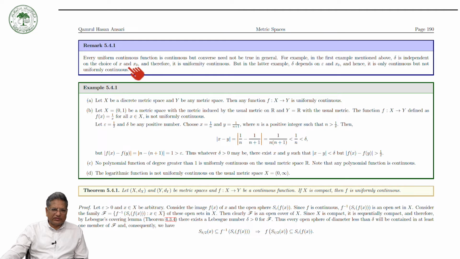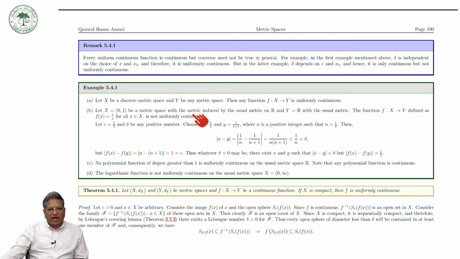That is to say, as we have seen here, every uniformly continuous function is continuous, but the converse is not true, as we have seen, because here we have defined the function from X to Y. So this function is not uniformly continuous.